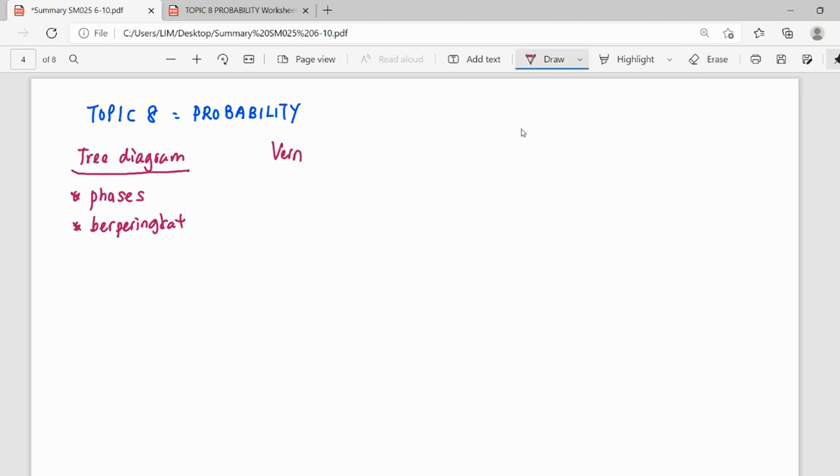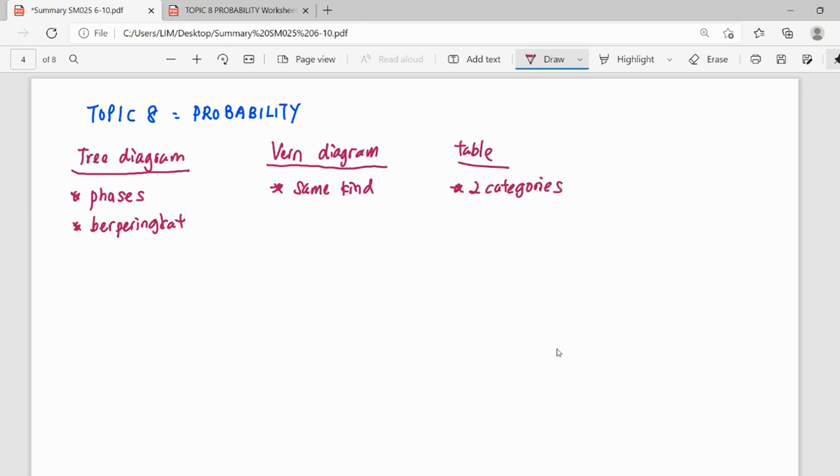So how are we going to analyze our question and put it in a Venn diagram? A Venn diagram will not have phases. Maybe it is just one general case with the same kind of data, the same kind of situation, the same kind of categories. The difference between a Venn diagram and a table is that a table has two categories.